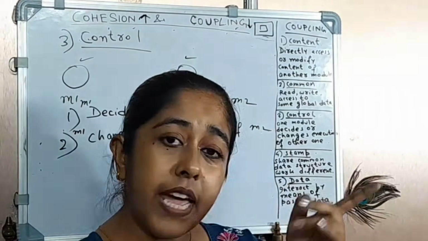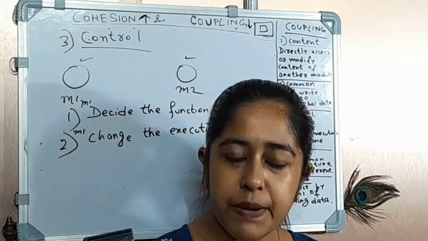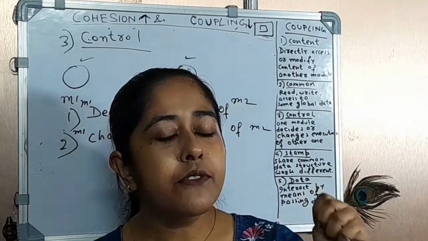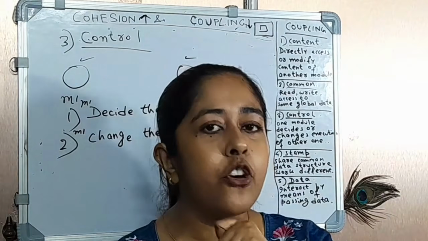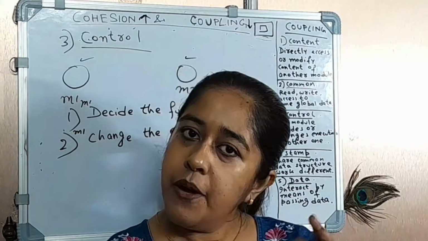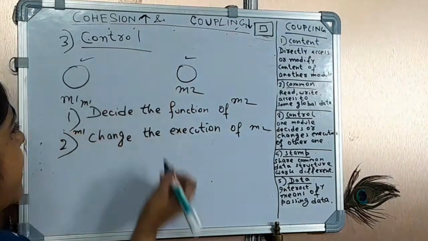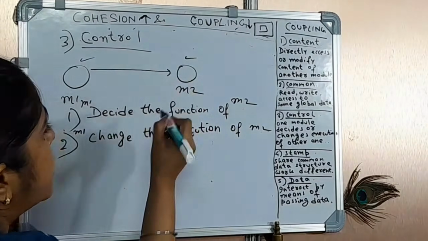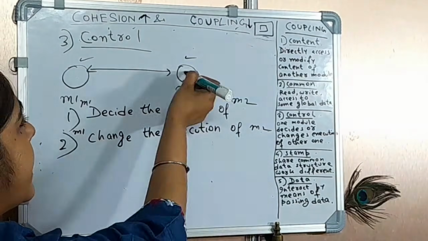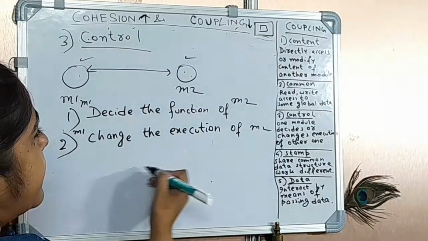So here we have to see two points. When we have two particular modules, what is the name of the coupling? Control coupling. Control means it can take the control of the decisions of the other module. Very simple. It can decide the function: maybe M1 can decide the function of M2, or maybe M2 can decide the function of M1. Second one, change the execution.